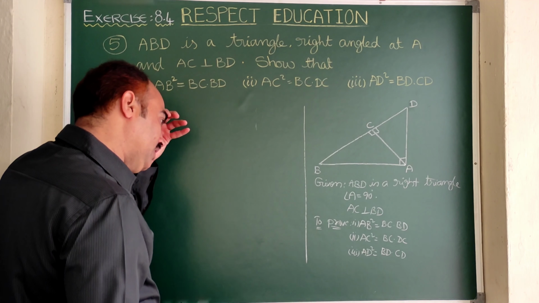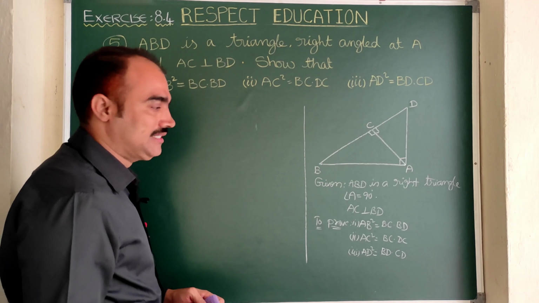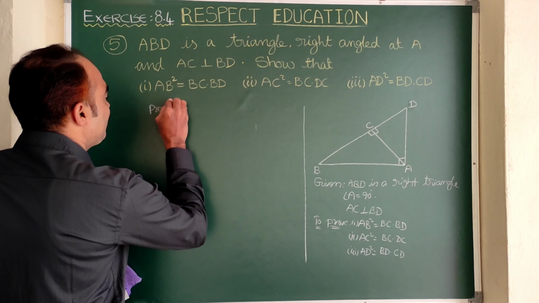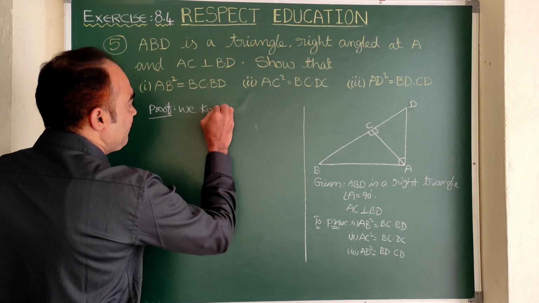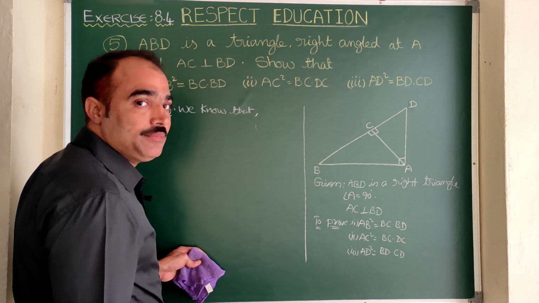Here it is very simple, but we need to write the theorem. That is, as I have told you, theorem 8.7. We can write here that we know that, here I am writing the statement of a theorem.